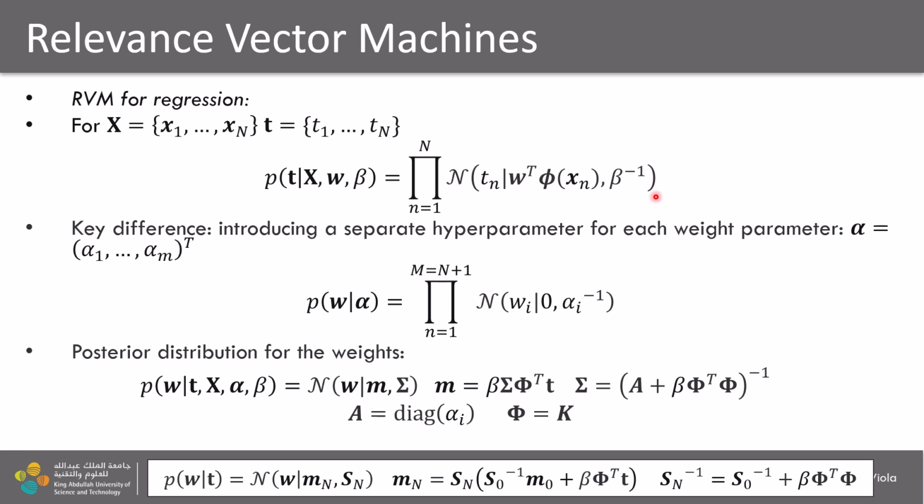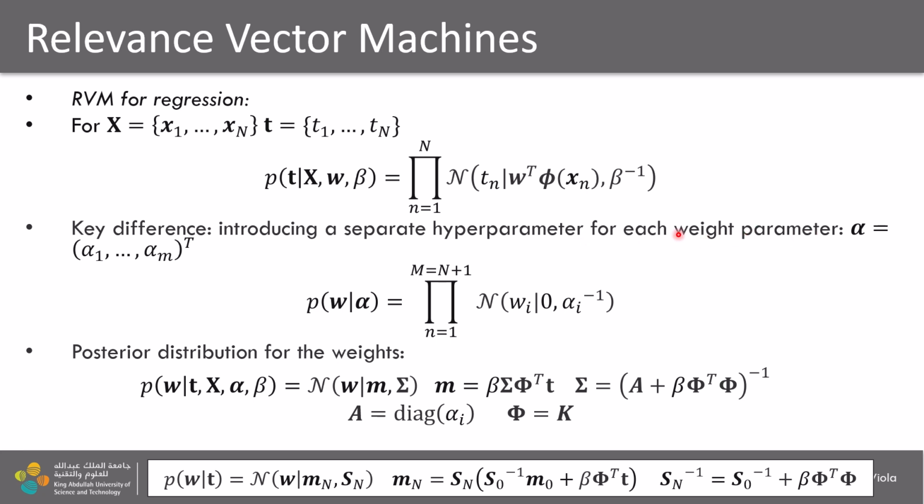Now this is the likelihood function, and in case we want to express a posterior of the weights, we need to define a prior. However, here the prior for the weights is not a single scalar as we had before, where we multiplied an identity matrix with a scalar value alpha, and that was leading to an isotropic Gaussian. In this case, we actually have a different hyperparameter alpha for each weight parameter.